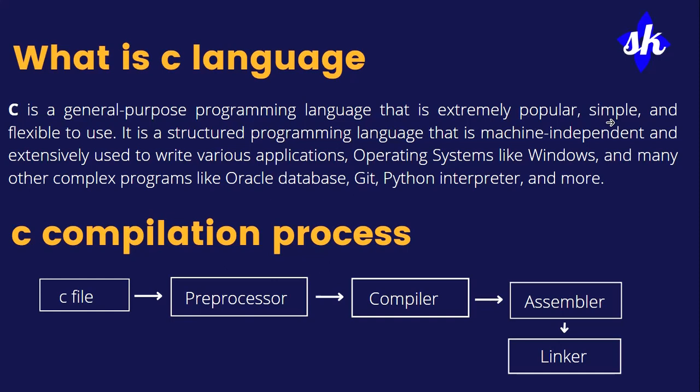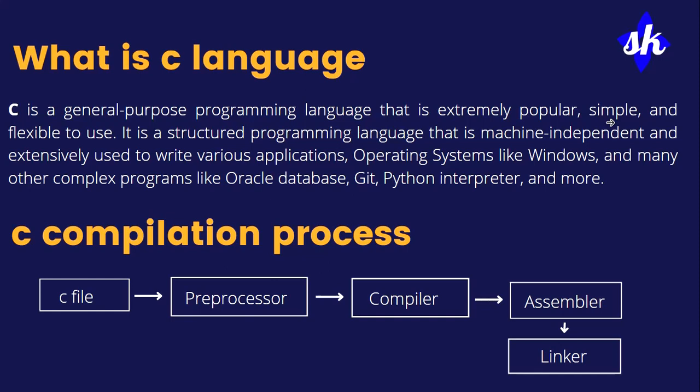Now, it's a structured programming language that is machine independent. By machine independent, I mean it doesn't mean that when you write a C program on a Linux system and then take that exe file to a Windows system, that person won't be able to use it.